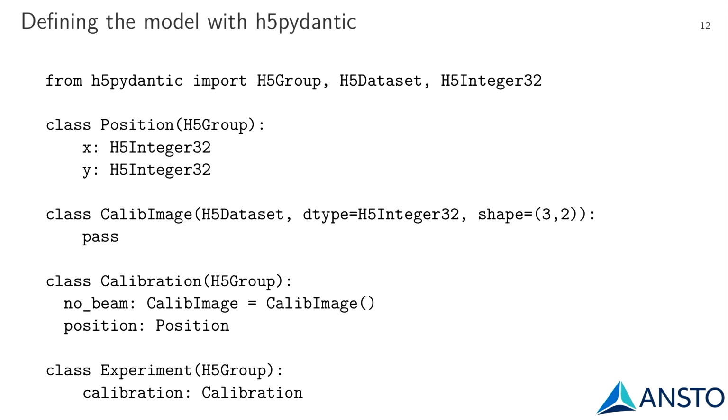So essentially, we are declaring the data structures that we want in our HDF5 files. We don't have any h5py code there. All of the code to create the groups, create the data sets, store the attributes, that's done in the background by the h5pydantic classes h5 group and h5 dataset.